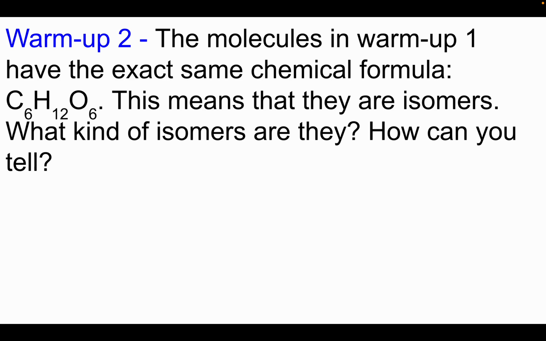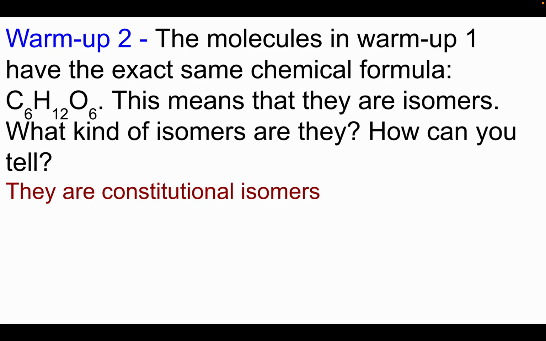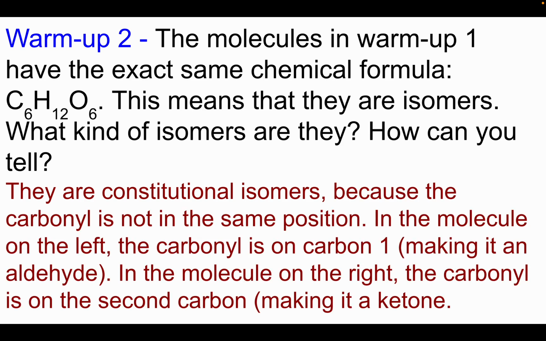Okay, so hopefully you paused the video and took a look at those 2 chemical structures, and hopefully you were able to identify what kind of relationship they had between them. These are constitutional isomers, and we can tell because the carbonyl is not in the same position.